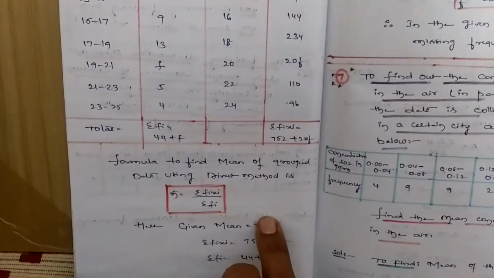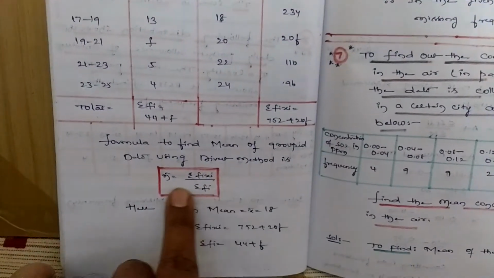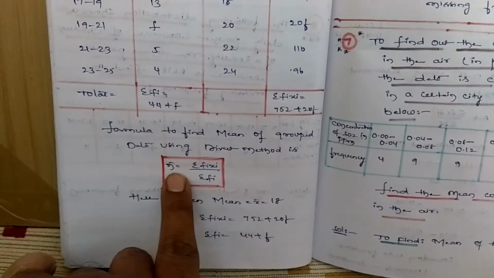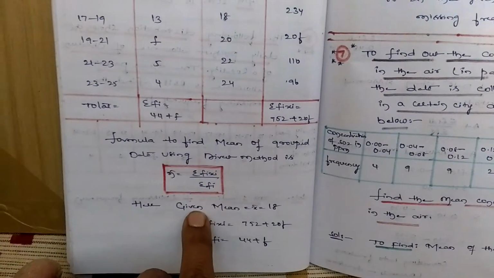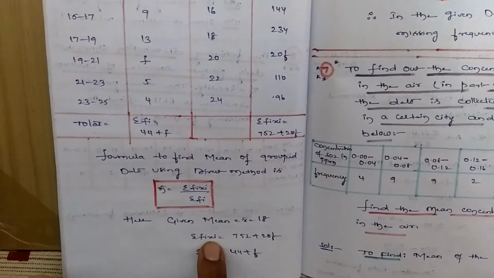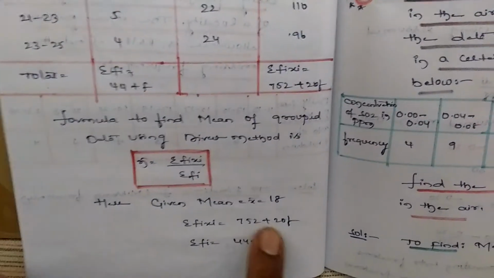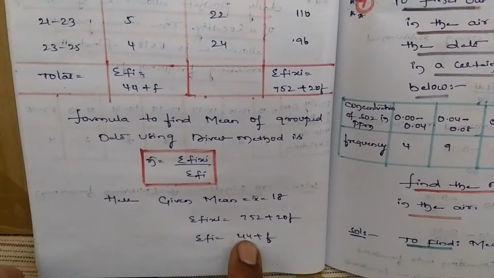Then what is the formula to find the mean of grouped data using the direct method? The formula is x bar equal to summation fi xi by summation fi. In the given question the mean is given as 18, summation fi xi is 752 plus 20f, and summation f we got as 44 plus f.